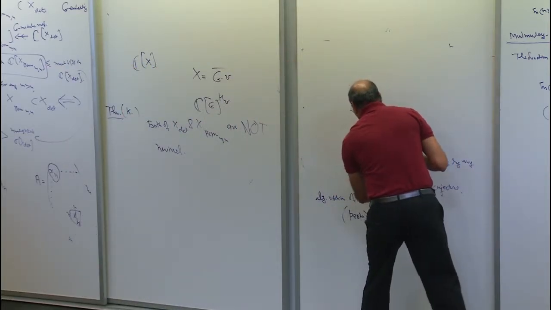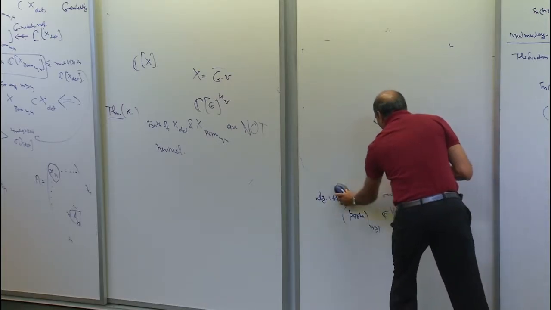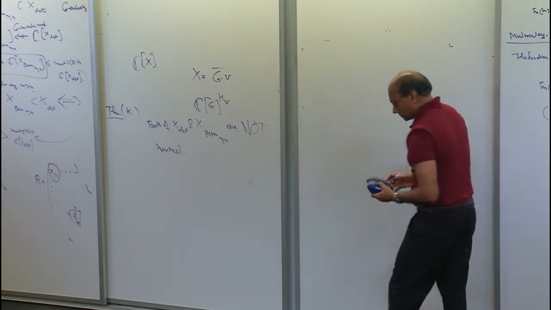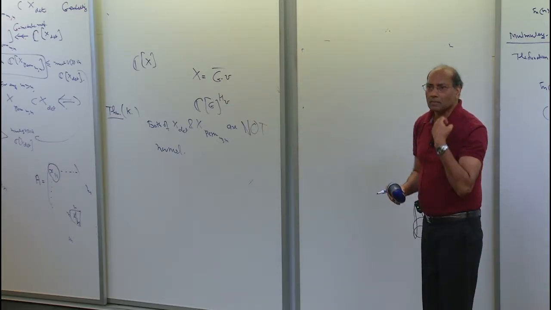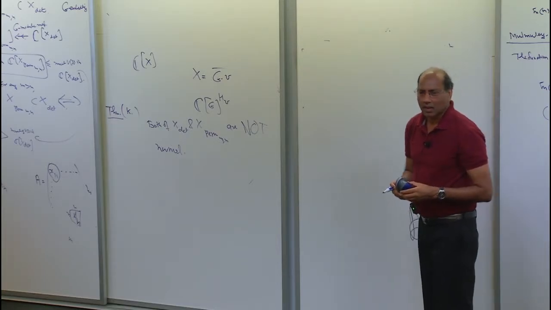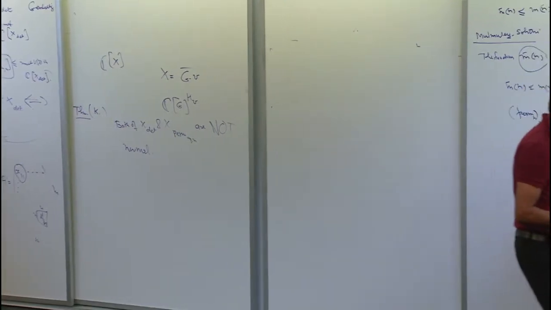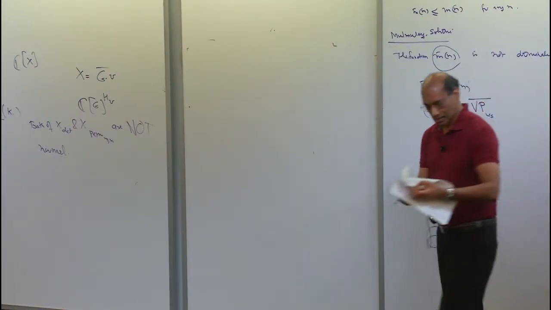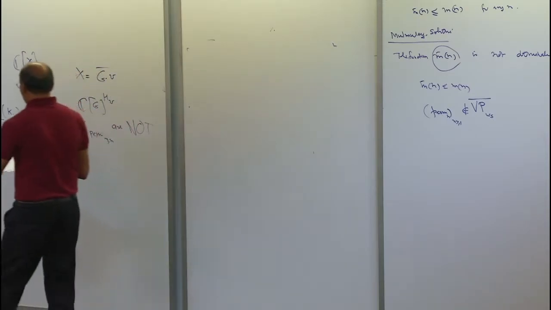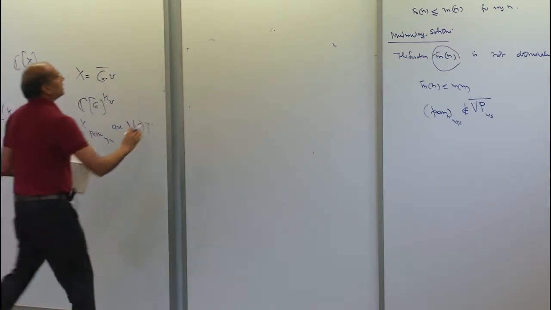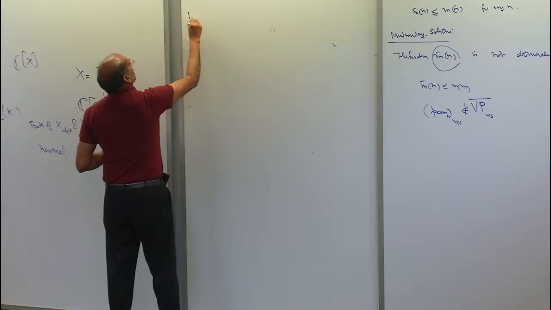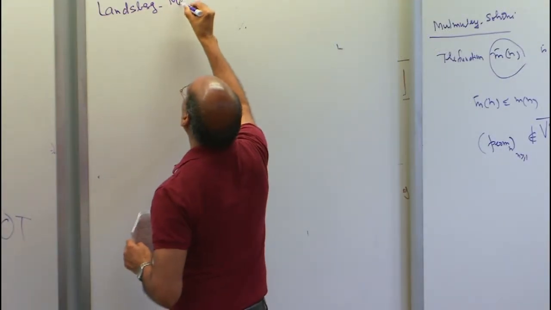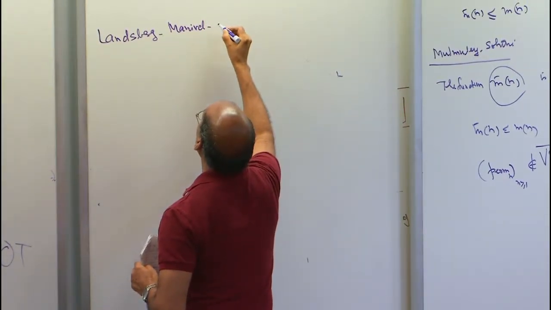So now I should say that the only general positive result is due to Landsberg, Manivel and Resayre. Let's get that straight, n squared plus 1. And all three of them are here.